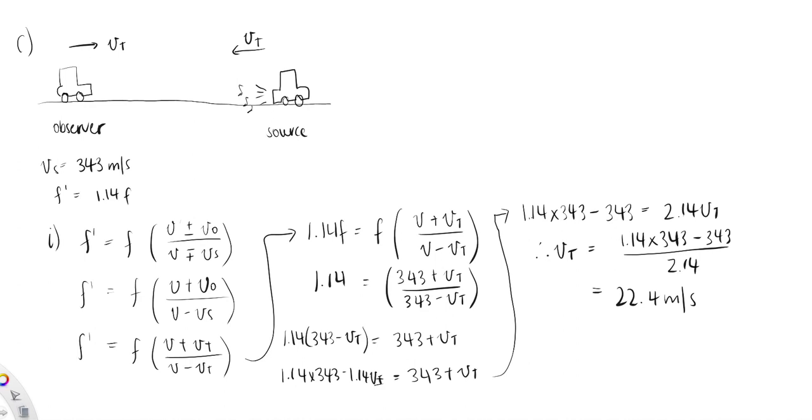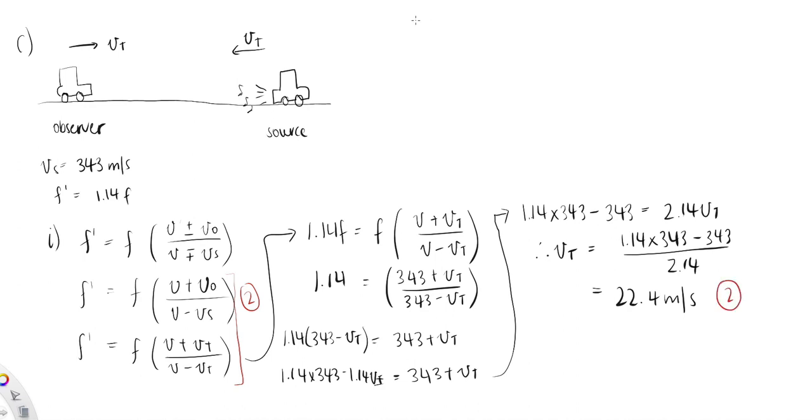Cool. So for this part, we get 22.4 meters per second is the speed that the trucks are traveling. For this question, if you got to this part here, where you assigned pluses and minuses to the equation for the Doppler shift, you got 2 marks. And then if you got the correct answer out and subbed everything in, you also got 2 marks.